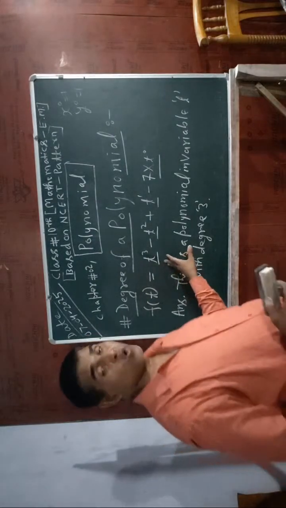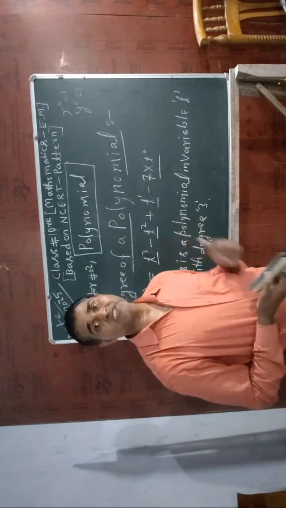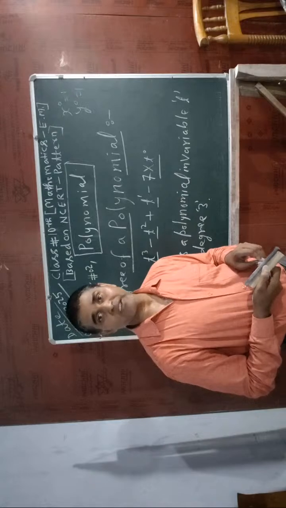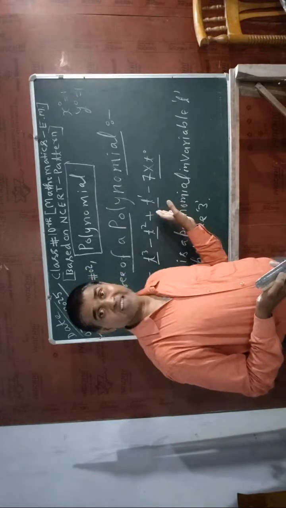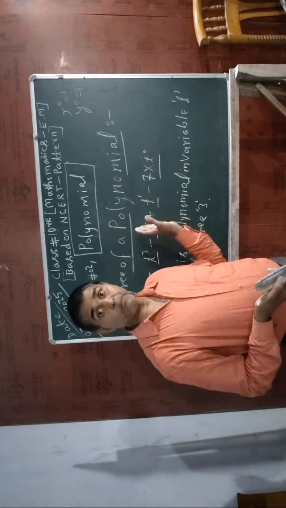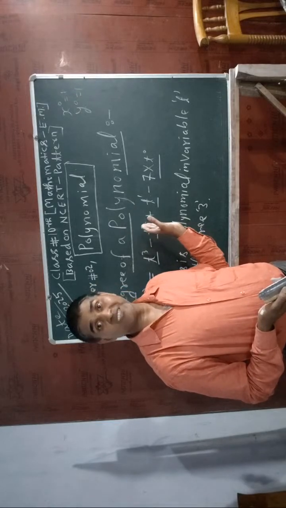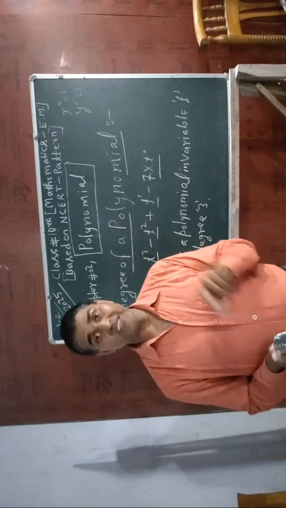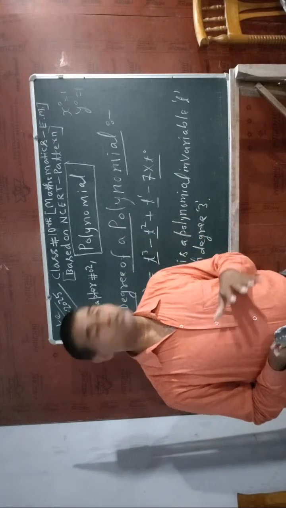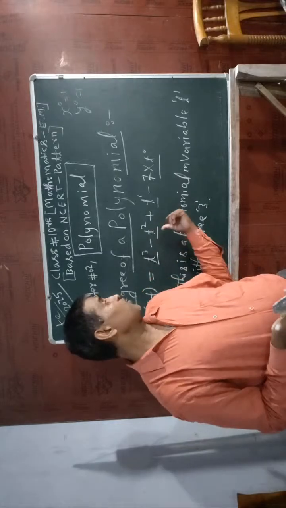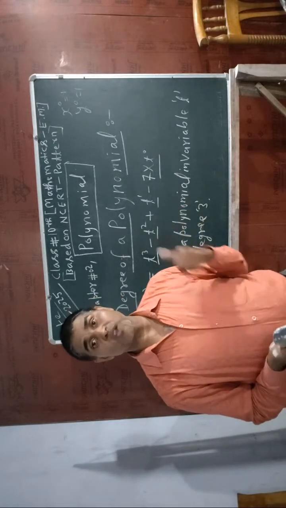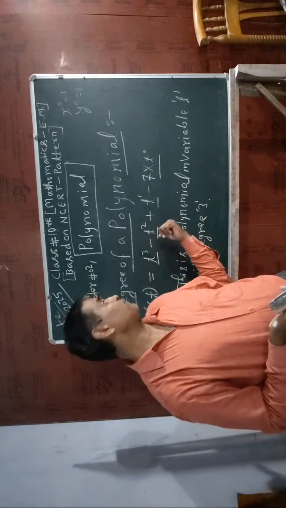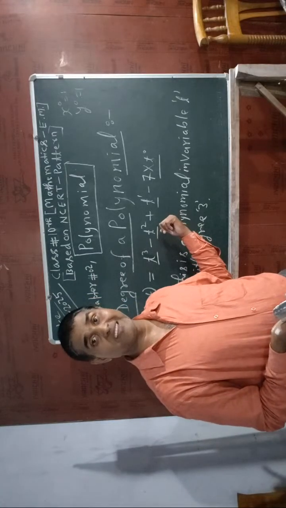This is important information, and such questions are always asked in your exam. First of all, you have to recognize which is a polynomial and which is not. You can observe the maximum power of the variable, which will be the degree of the polynomial.